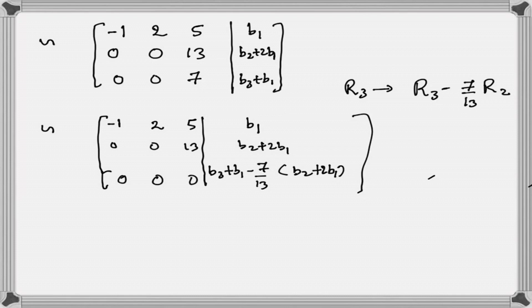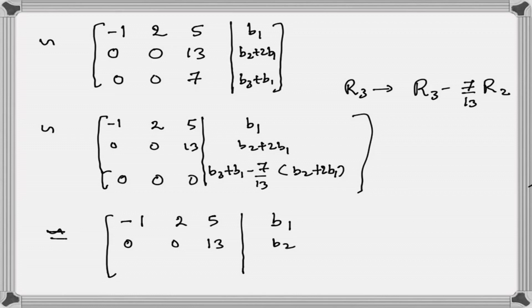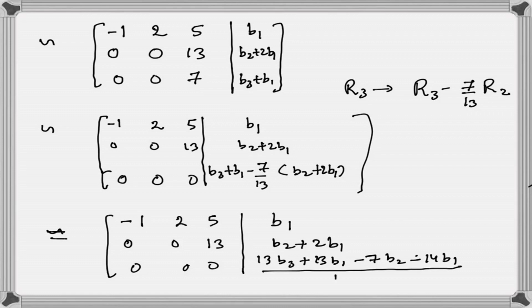So now what do we get? We get minus 1, 2, 5, b1, 0, 0, 13, b2 plus 2b1, and 0, 0, 0, and this is nothing but 13b3 plus 13b1 minus 7b2 minus 14b1 divided by 13.